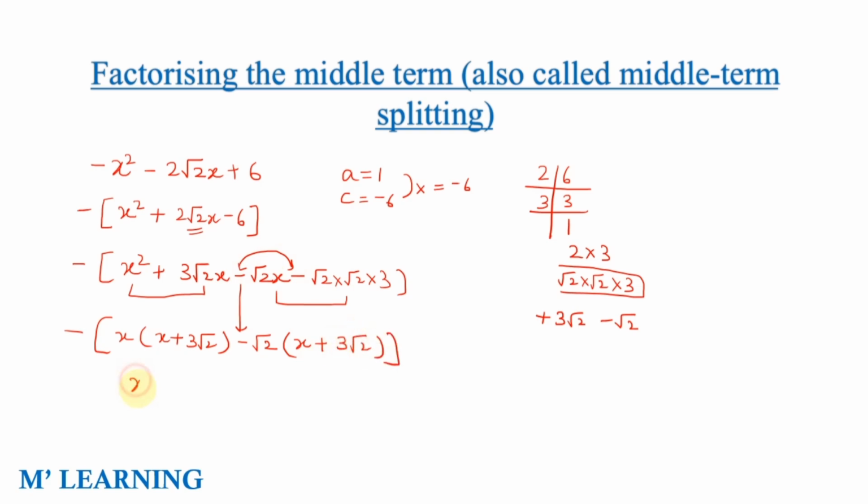So the factors we get are x minus root 2 and x plus 3 root 2 and a negative sign in front. What we can do for this negative sign is multiply it with any of these terms. So I am multiplying it with this one. So this will become minus x plus root 2, and keeping this one the same, x plus 3 root 2. So these are its factors.